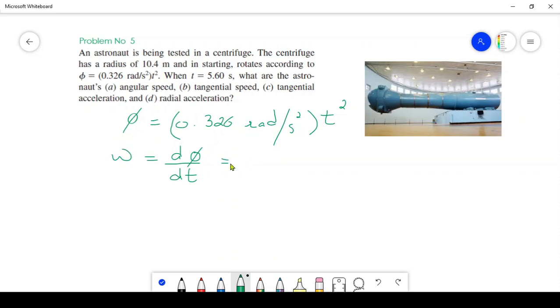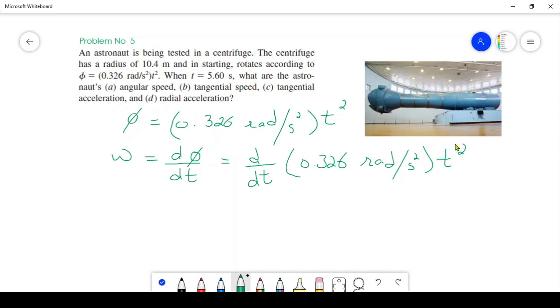So if I plug in the value of this phi, I would get d by dt of 0.326 radians per second squared times time squared. Now this value is a constant.